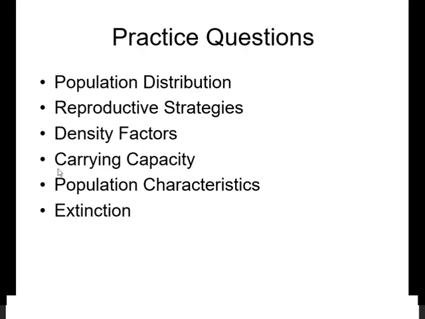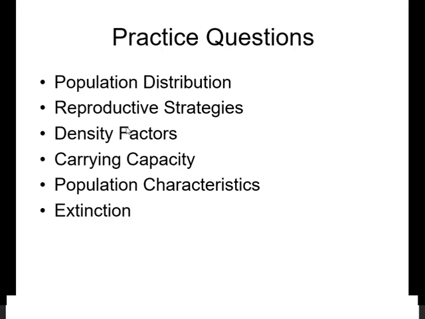But for some of these, there's not much I could do beyond just defining carrying capacity, or showing the difference between density-dependent and density-independent factors, or differences between population characteristics. So I grouped them together because there were a lot more questions I could do on reproductive strategies, population distribution, and extinction.